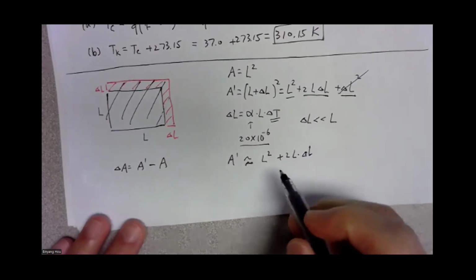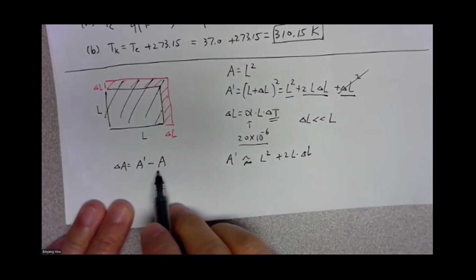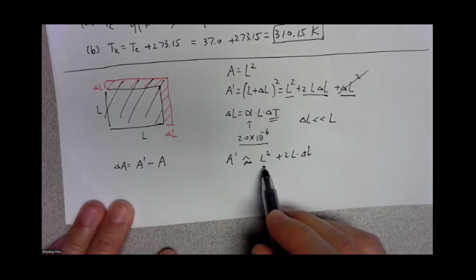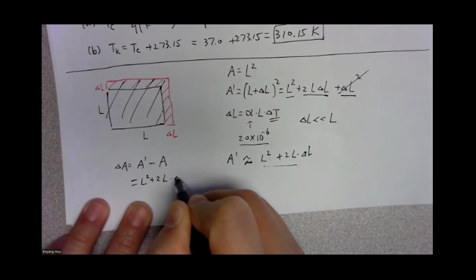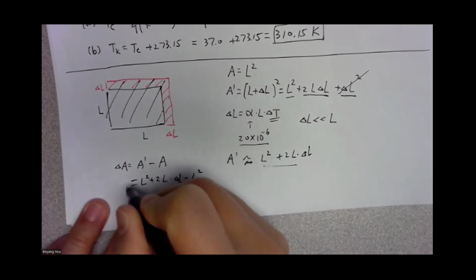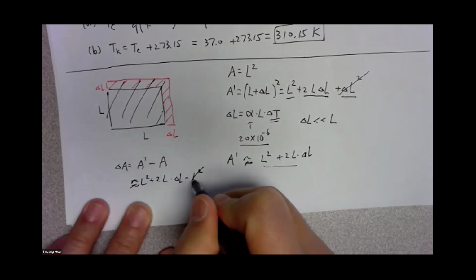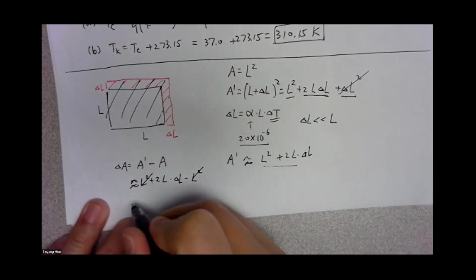Okay. So then A prime minus A will be L squared plus 2L times delta L minus L squared, approximately. You see L squared and L squared cancel.